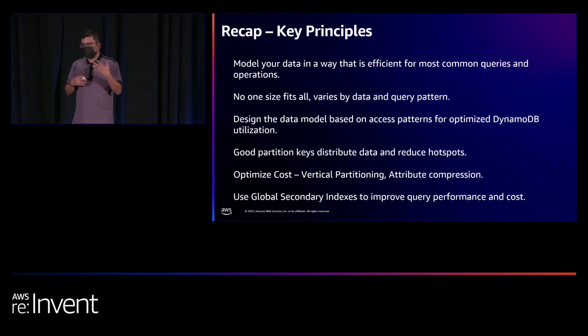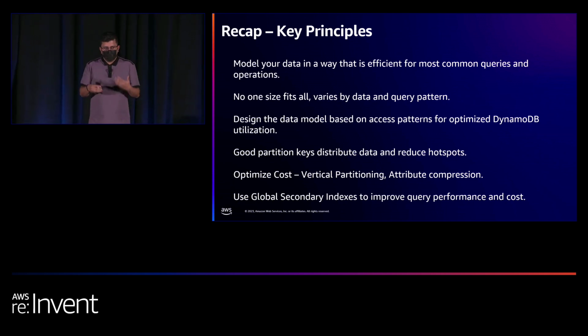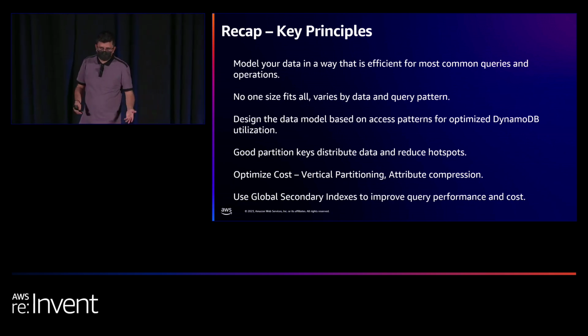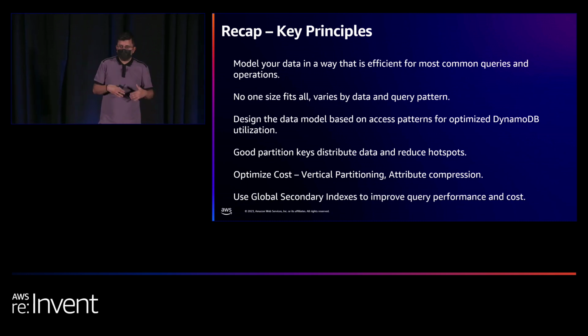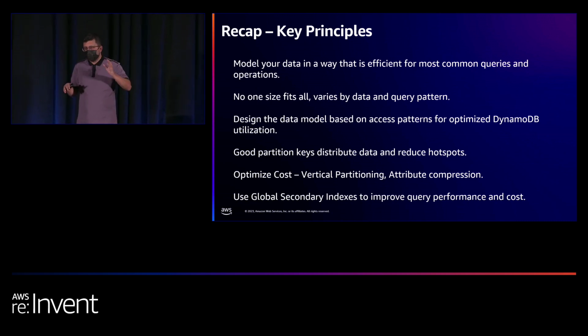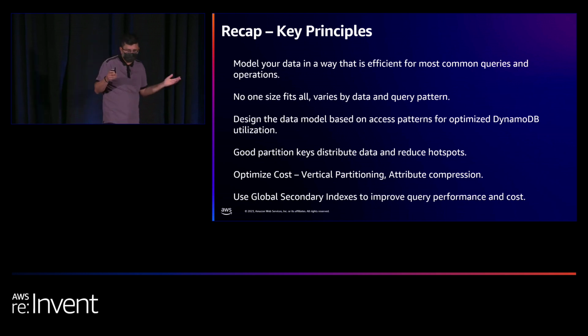For example, you can set TTL on your table, and all the deletes that happen on your table based on TTL will be free. Otherwise, you have to do a delete item, which will cost you, if you have a 20 KB item, that much. But if you set a TTL on your items, we can identify behind the scenes the most optimal way to get rid of those items and do it for you.